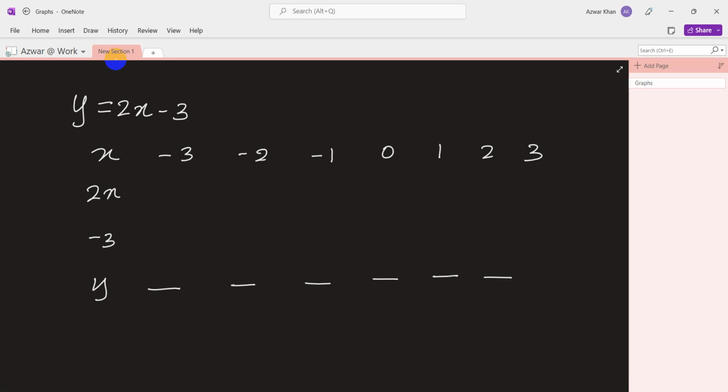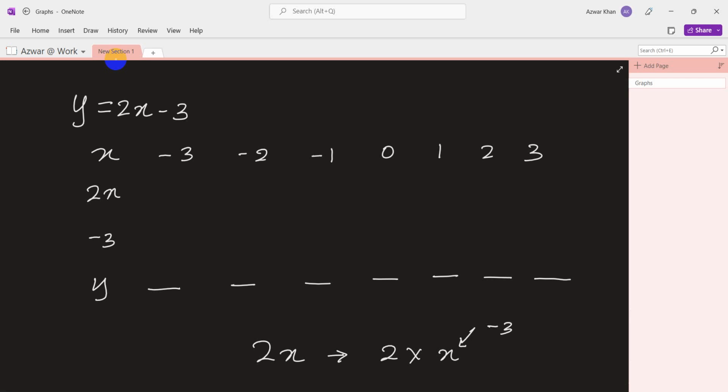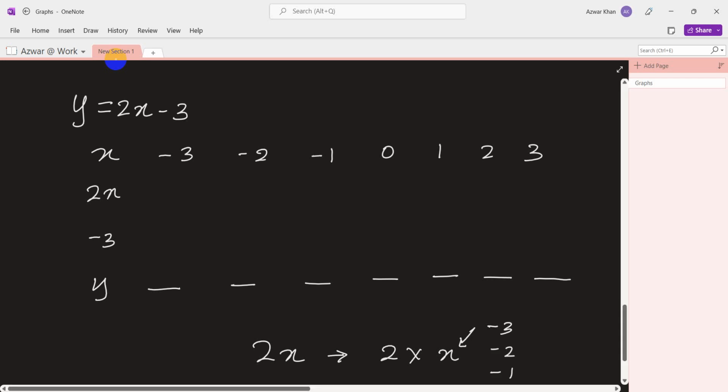2x means 2 multiplied by x. So I can substitute minus 3, minus 2, minus 1 and so on for each value.